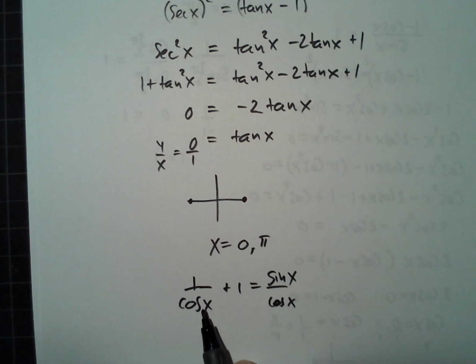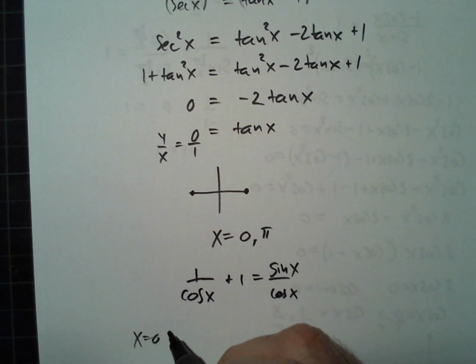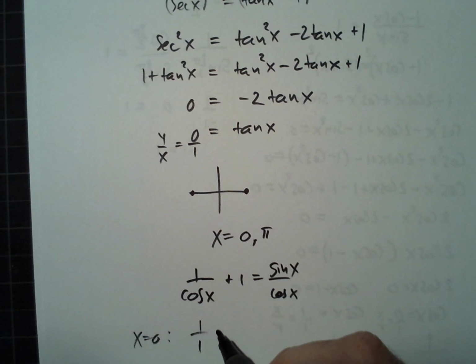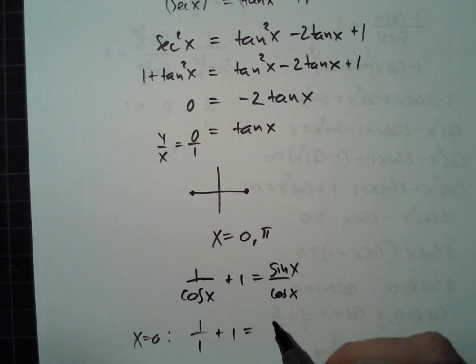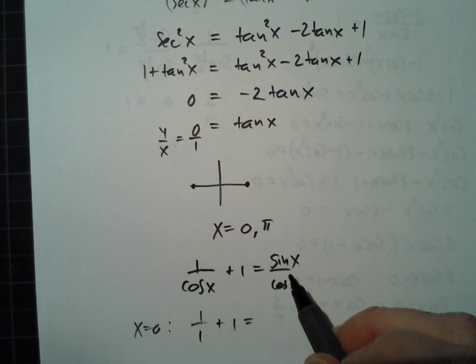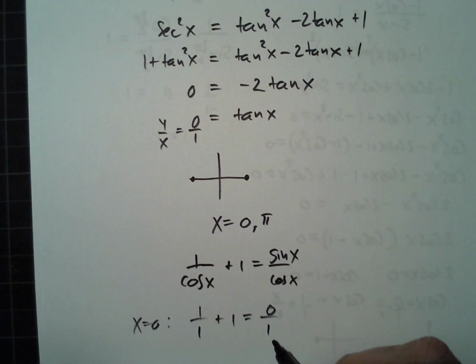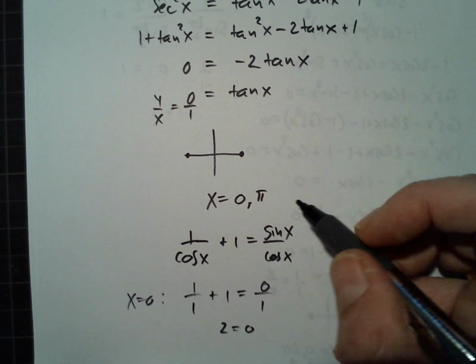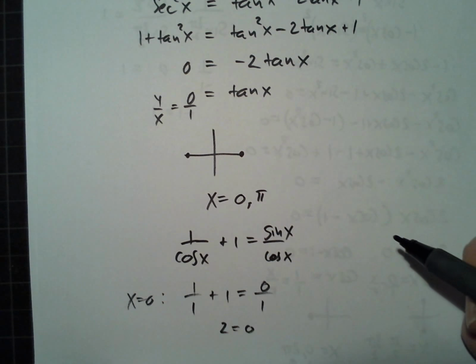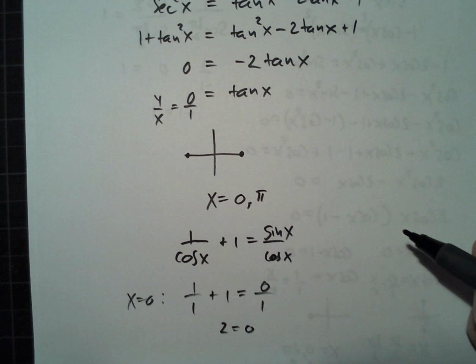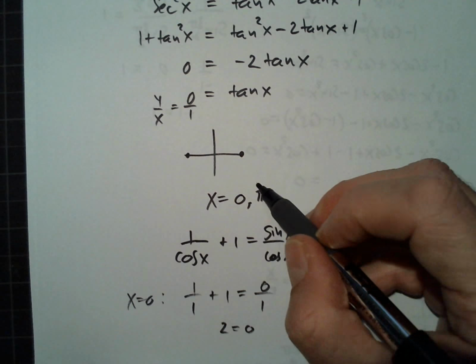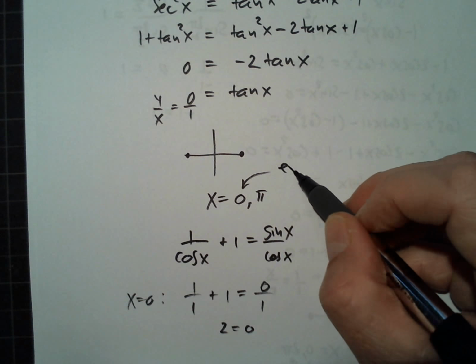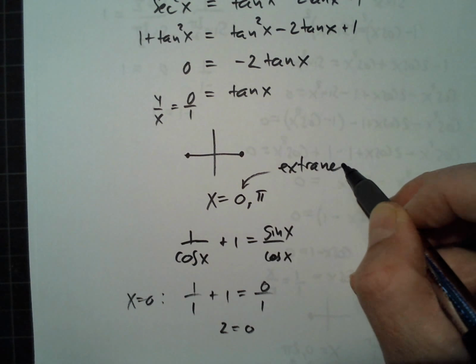Put a 0 there, and we get 1 over 1 plus 1 equals sine of 0 is 0. Cosine of 0 is 1. So we get 2 equals 0. That means 0 is extraneous. And if you put pi in there, it's going to be a solution. It'll work. So we know that 0 is extraneous.